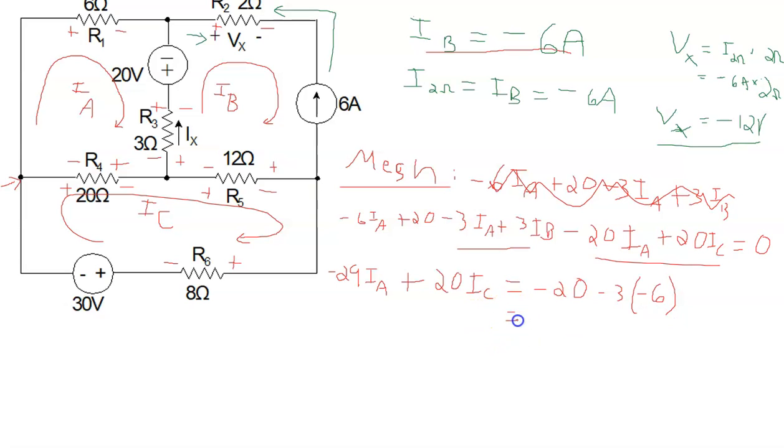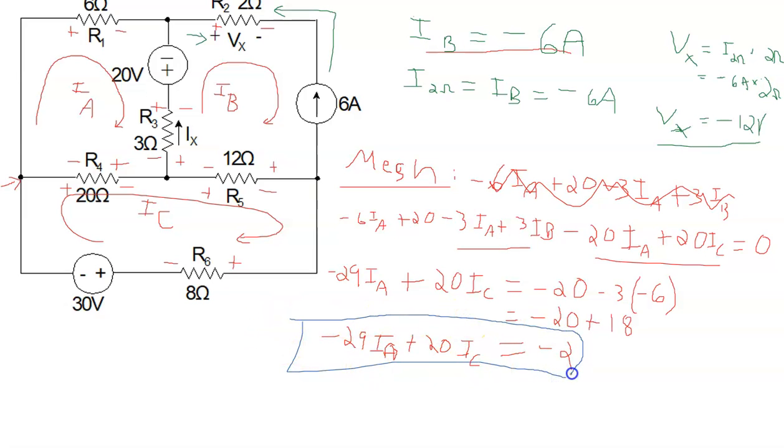And so this right side becomes -20 plus 18, so that becomes -2. So our equation number 1: -29 times IA plus 20 times IC equals -2. And that is equation 1.